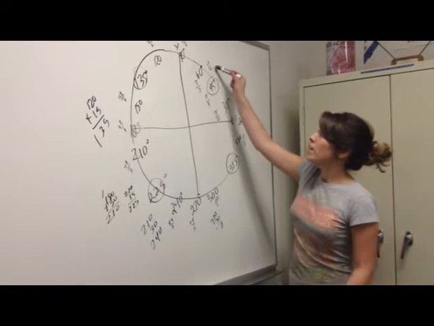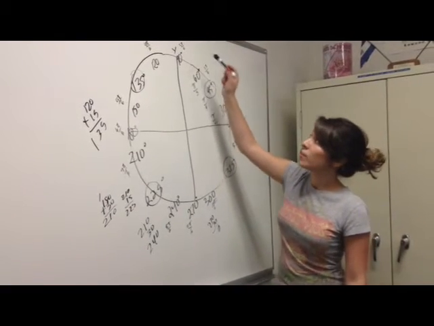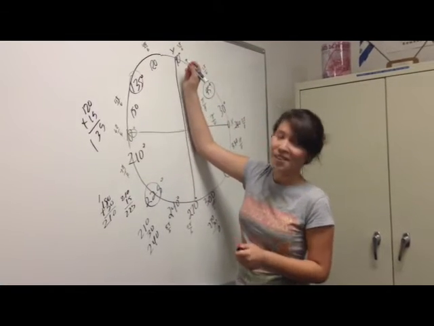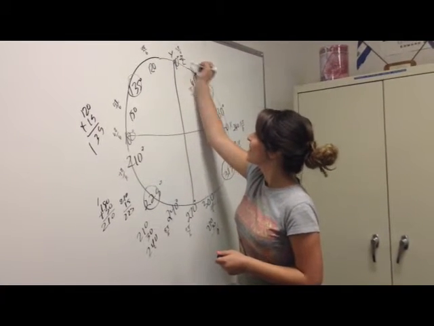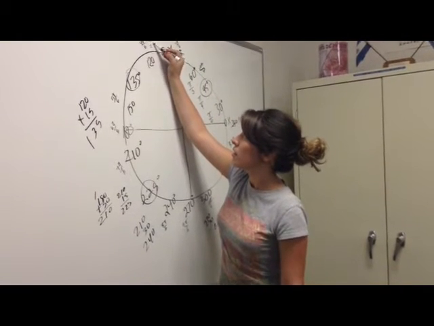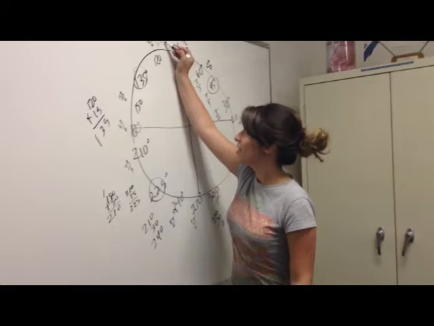So 2 pi over 6 is going to be pi over 3. 3 pi over 6 is pi over 2, right? 4 pi over 6 divided by 2 is 2 pi over 3.